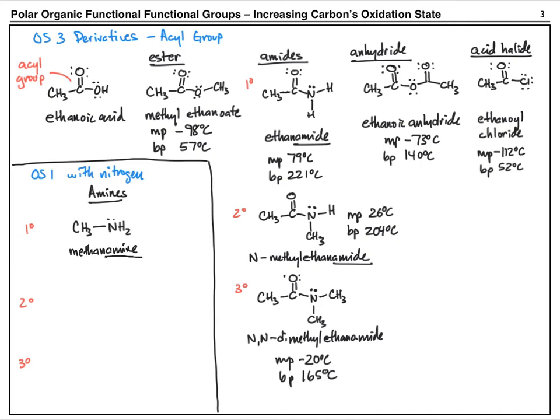So we're taking methane, we're dropping the E and adding AMINE. The melting point's negative 93 degrees C. The boiling point is negative 6 degrees C. So we call this a primary amine, primary, because the nitrogen is only bound to 1 carbon.